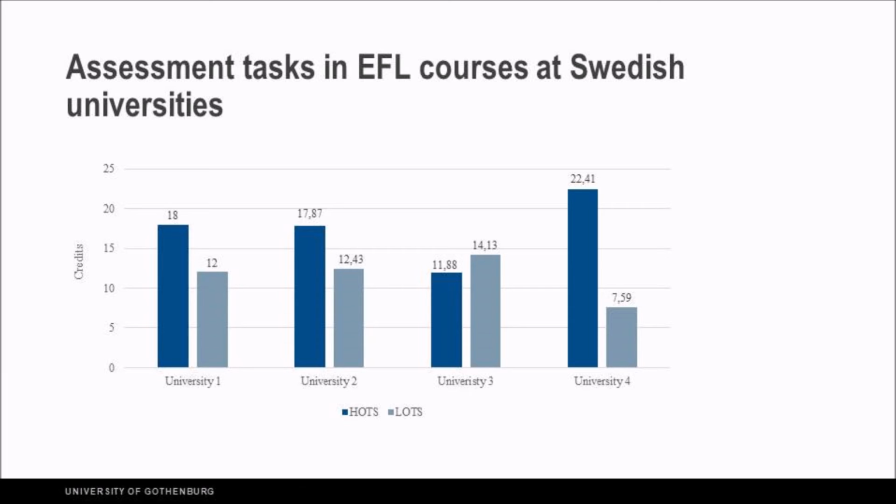So a total of 500 assessment tasks were analyzed, and these included, for example, assignments, essay instructions, questions on exams, etc. And as we can see here, 3 of 4 courses included more high-order thinking assessment tasks than lower-order thinking assessment tasks.